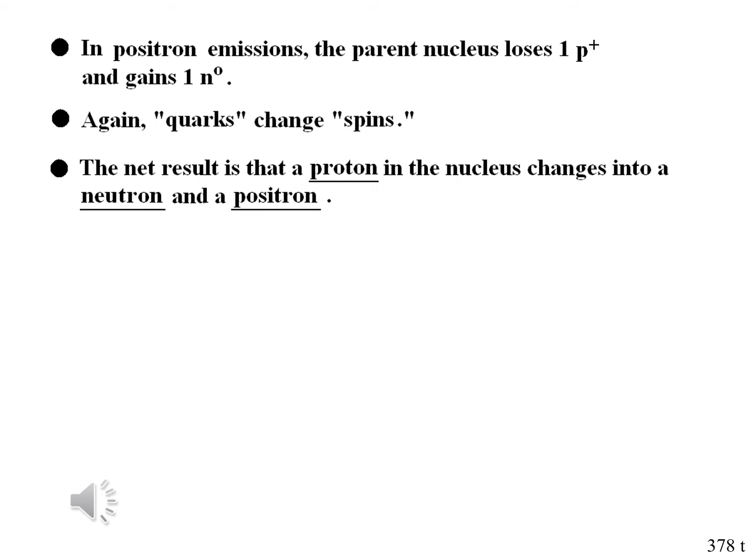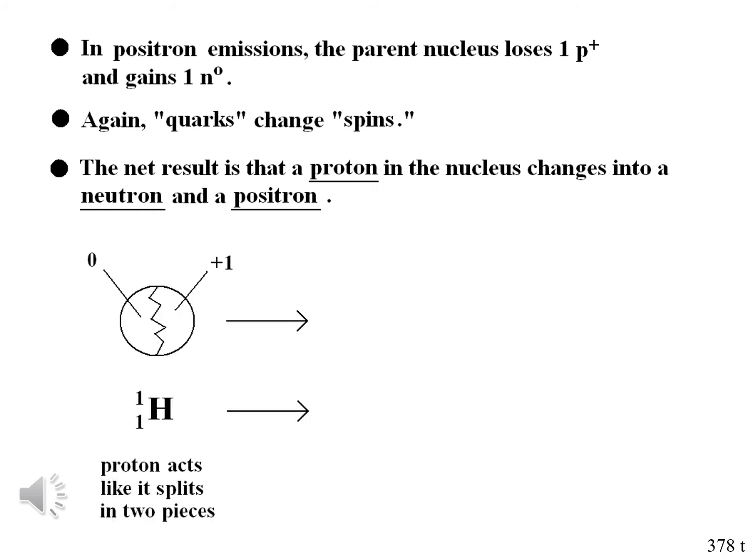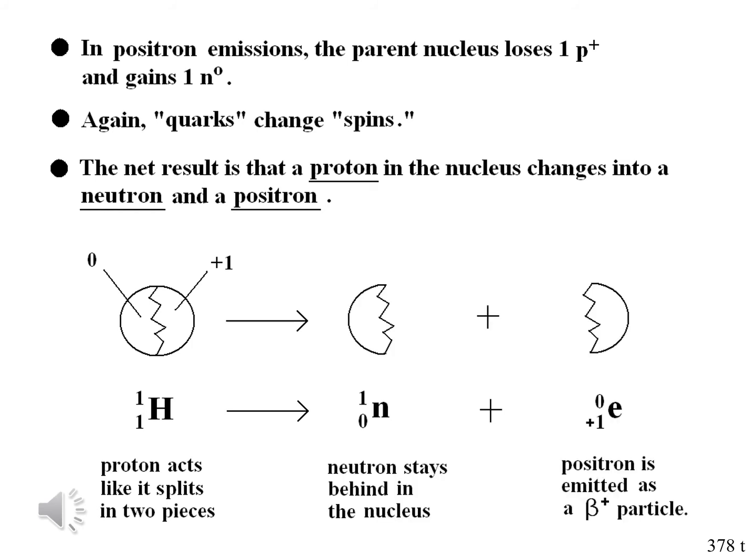And so the result, though, this time is that a proton changes into a neutron, and it's a positron that gets shot out. I drew this here that a proton could be considered to have a 0 side and a +1 side, and if it's split in 2, you could actually get the neutron, which is the 0 side, stays in the nucleus, and the positron gets emitted as a +1 particle.